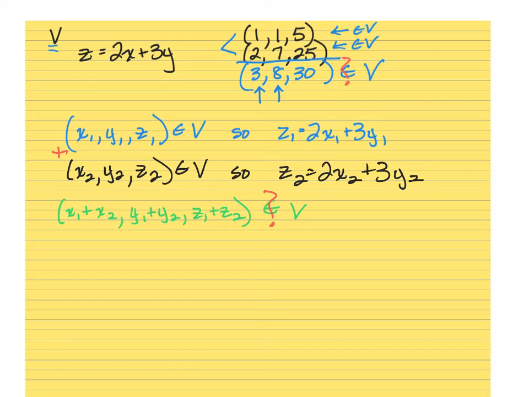Well, the way we test that is we take its z coordinate, which is z1 plus z2, and we ask, does that equal 2 times its x coordinate plus 3 times its y coordinate?